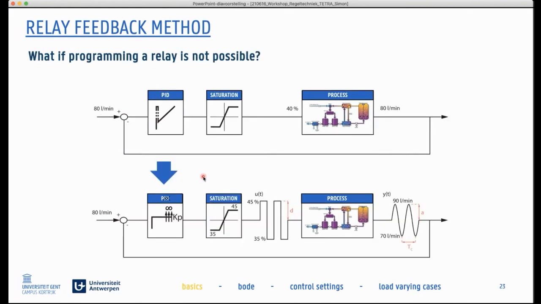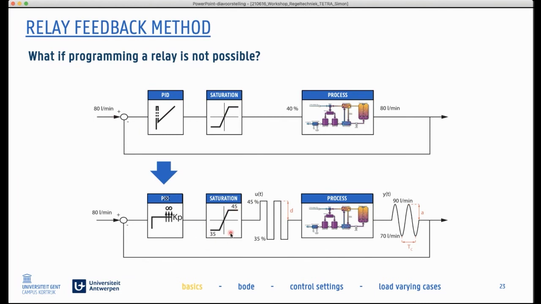No problem about that. We can just do the same with a classical PID saturation. We eliminate the I, we eliminate the D, so we put the I action inactive, we put the derivative action inactive, and we take a gain Kp which is very, very high, and we use the saturation to define the switching values of our relay.